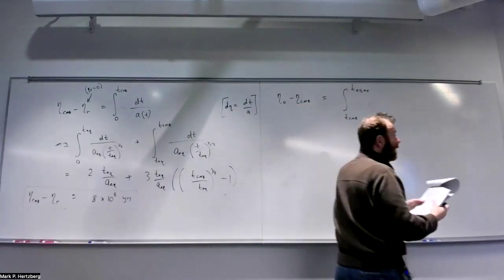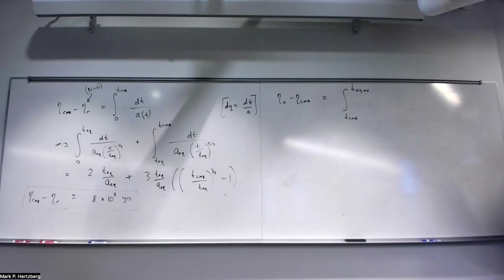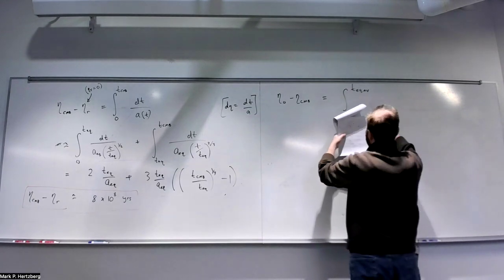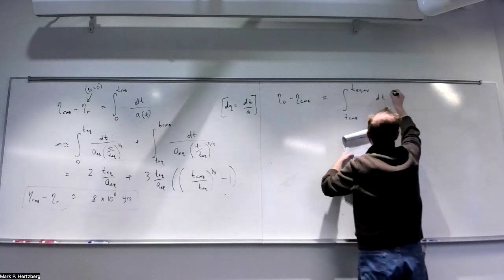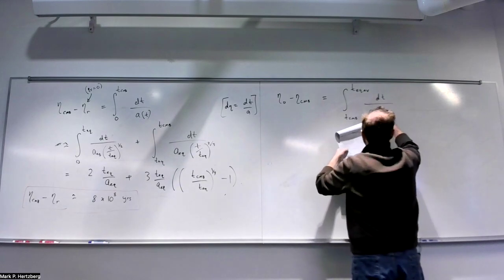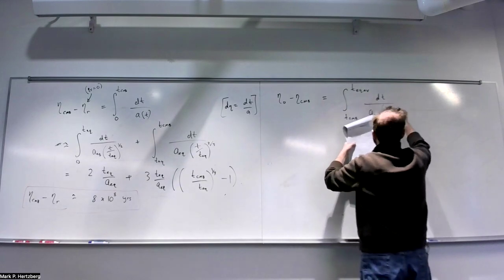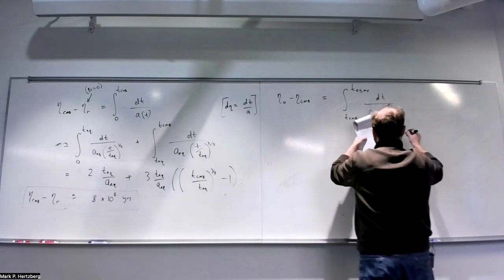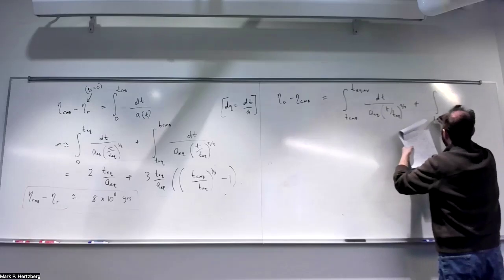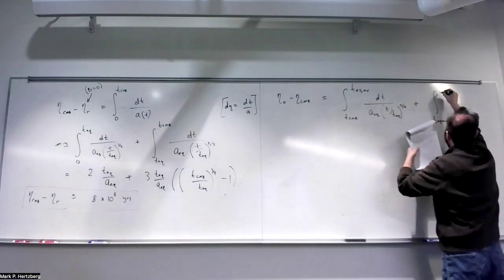So you have a matter era from here to 10 billion years, and then a little bit of dark energy. So I also have to split the integral. Well, these are just approximations because there are no sharp transitions, but this is good enough. That's the matter part, and then there's the final dark energy bit to today.